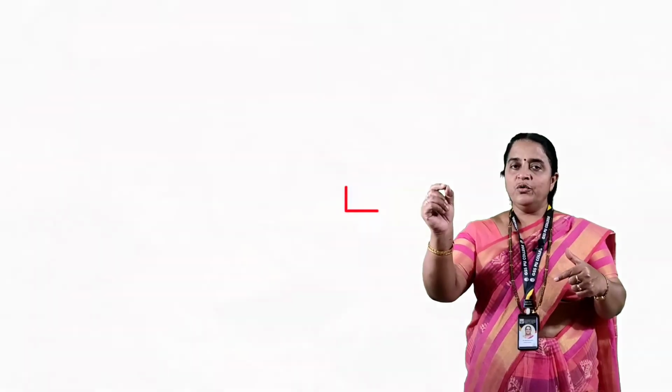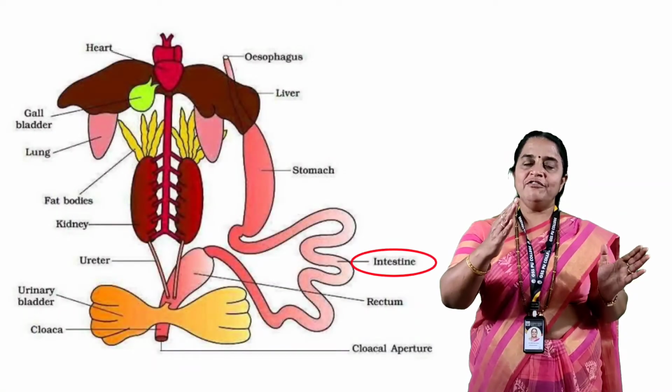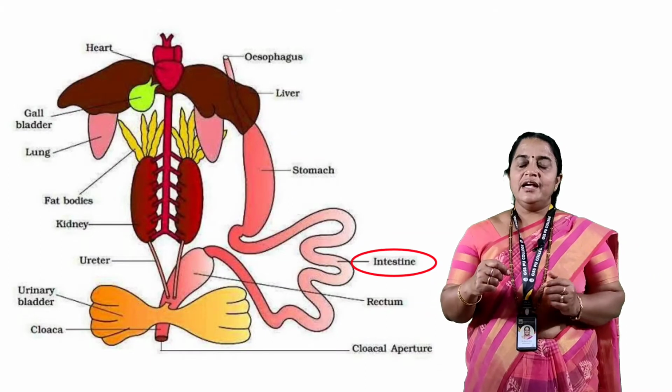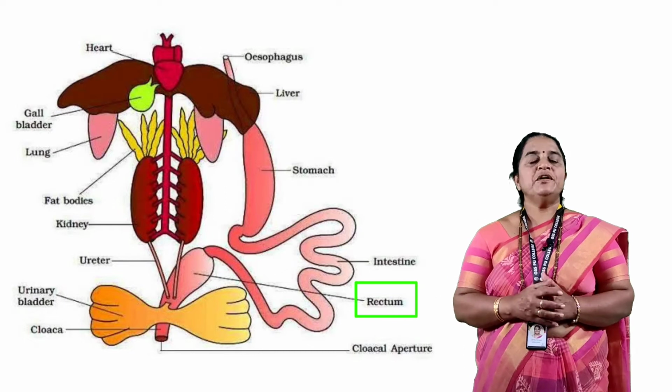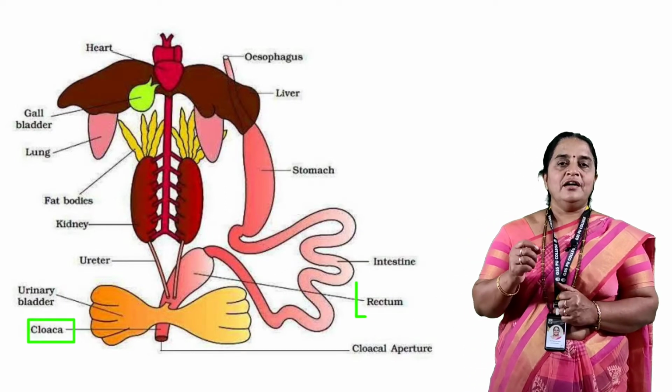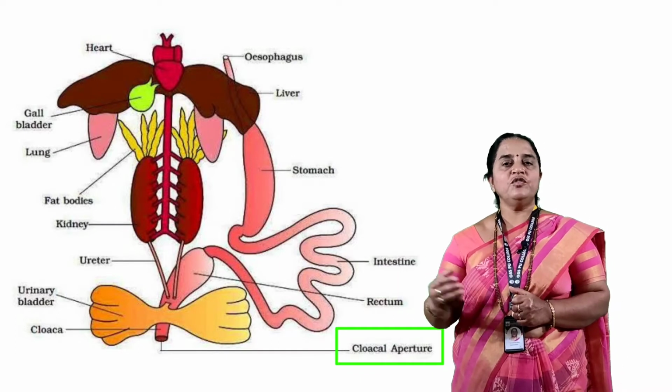As frog is carnivorous, feeding only on non-veg, the length of the intestine is very small, terminating into a dilated region called rectum, which opens into the cloaca, and through the cloacal aperture undigested mass is ejected outside.